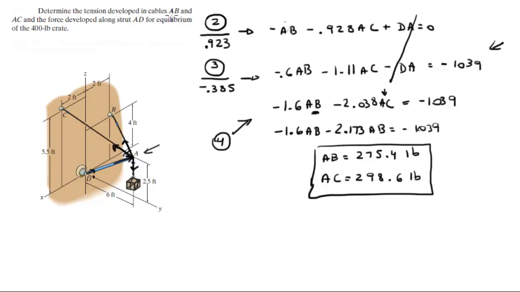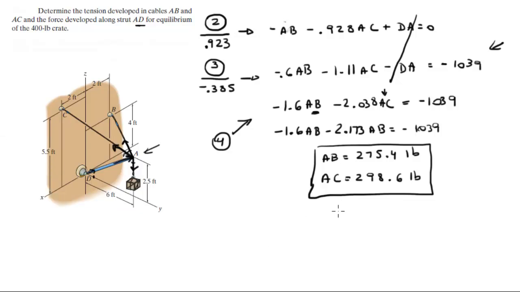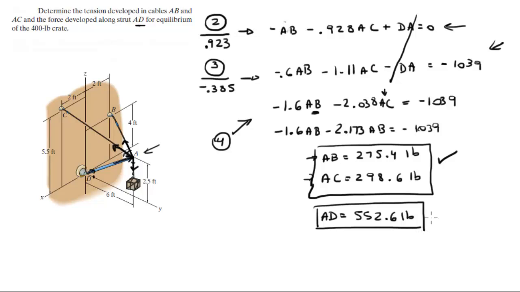Determine the tension developed by the cables AB and AC, and oh yeah, they actually want the force on AD, so let me find it. When you plug these two values into this formula right here, you get that AD is equal to 552.6 pounds, just about. So, final answer.